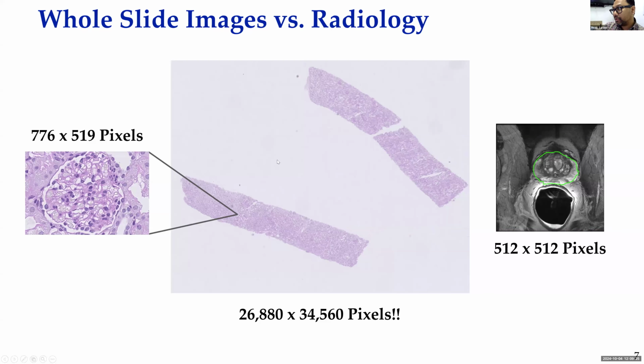So this is a digital whole slide image, and the amount of pixels is like 26,000 times 34,000 pixels. One small location of this is this glomerulus, which is 776 times 519. But in a typical radiology image, one section could be 512 by 512.